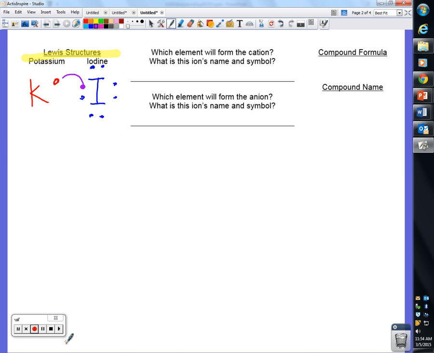Protons than electrons. So potassium forms the cation. Now, symbol. After the transfer of this electron, how many protons does potassium have?